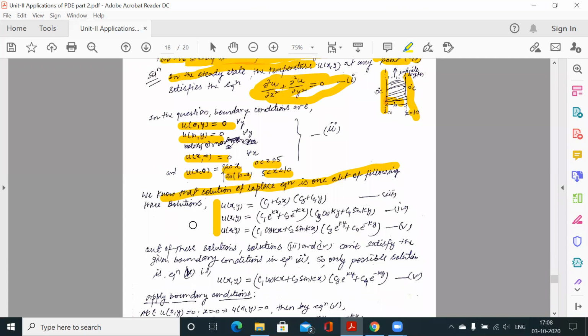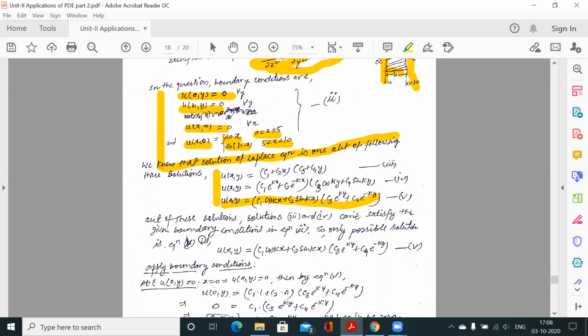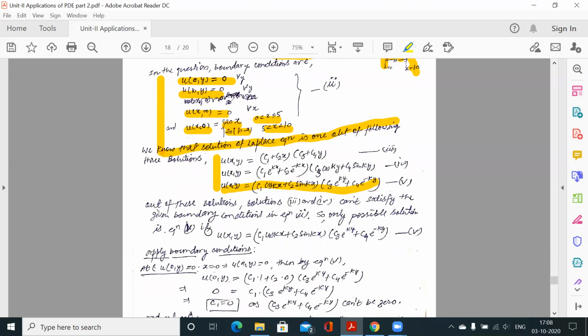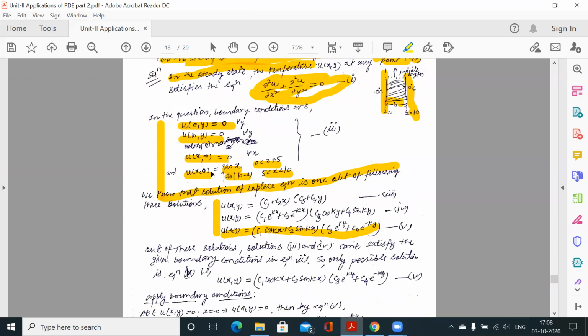Otherwise, you can write directly what our solution is, because in case 3 we will get our solution. Why? Because it will satisfy all the boundary conditions. Otherwise, if you don't want to write these lines, you simply apply one of the possibilities: this is the first possible solution, this is the second possible solution, this is the third.